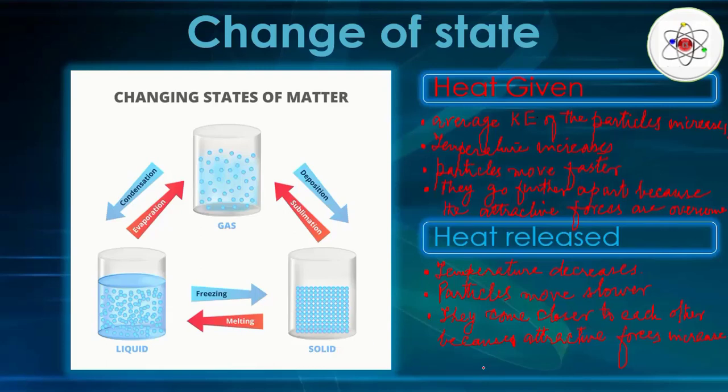So this is how we can explain in the light of kinetic particle theory that gas changes to liquid: because temperature decreases, particles start moving slower, they come closer to each other, and attractive forces between the particles increase. And the same explanation can be written when liquid changes to solid or gas directly changes to solid.